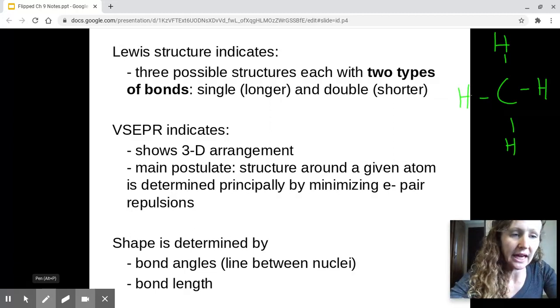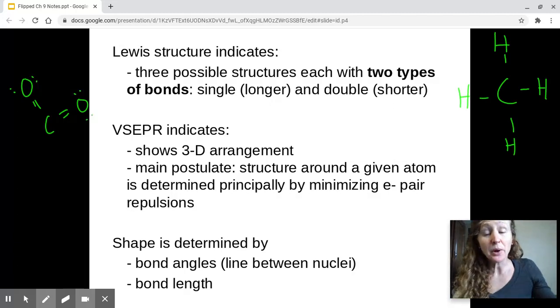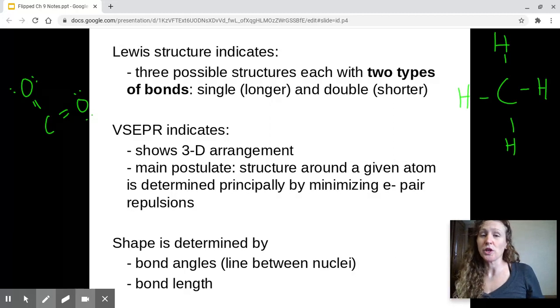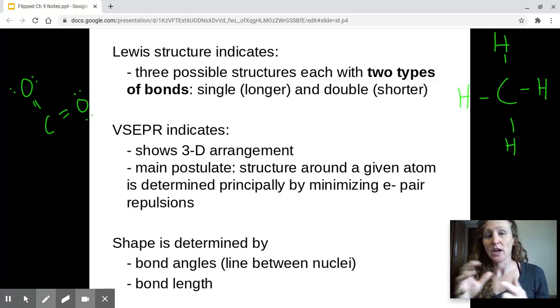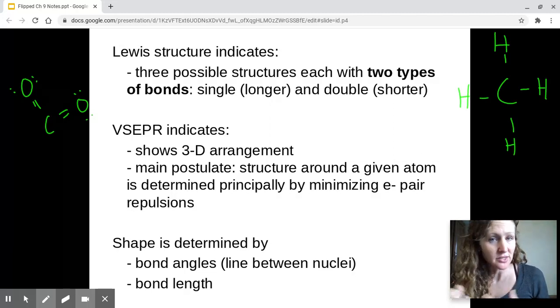Or if we're looking at carbon dioxide, we can see that the carbon is bonded to 2 oxygens with double bonds, which we know are going to be shorter. When we look at methane, we can see that the 4 hydrogens are bonded on with single bonds, so those are going to be longer.